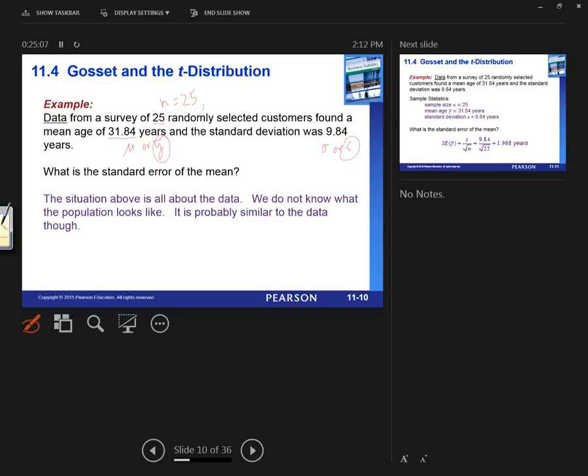All right. So the standard error of the mean is S over the square root of n, and S is 9.84, the standard deviation of my sample, and n, the sample size, is 25. So this is 9.84 over 5. 9.84 over the square root of 25 is 1.968.